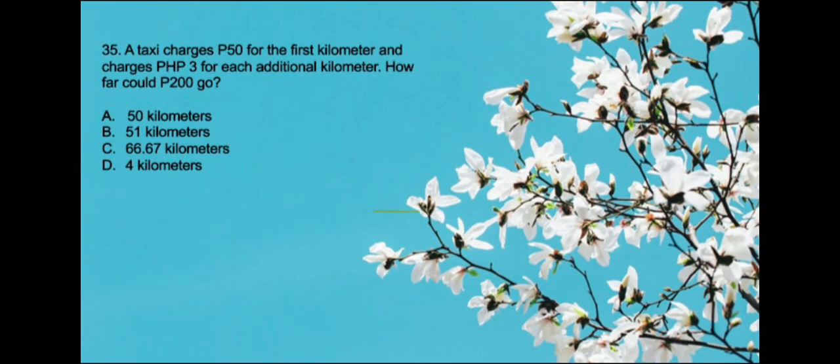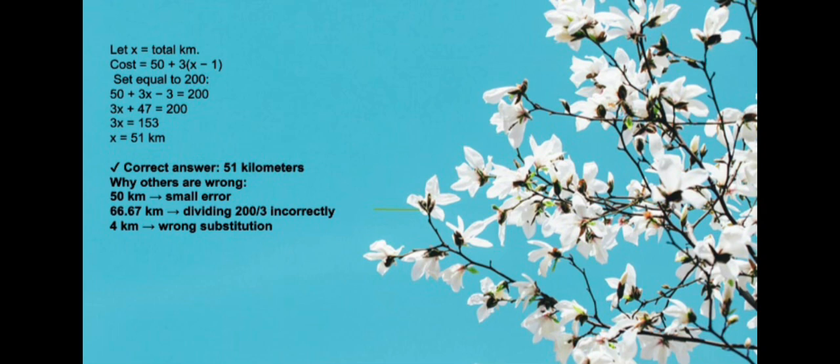Next number is 35. A taxi charges 50 pesos for the first kilometer and charges 3 pesos for each additional kilometer. How far could 200 go? A, 50 kilometers, B, 51 kilometers, C, 66.67 kilometers, D, 4 kilometers. So let's have the rationalization. Let x equal total kilometers.